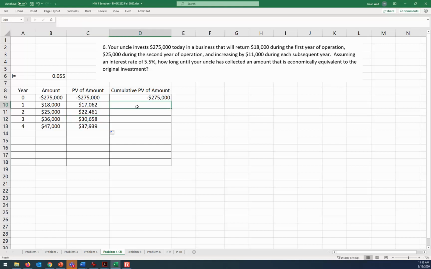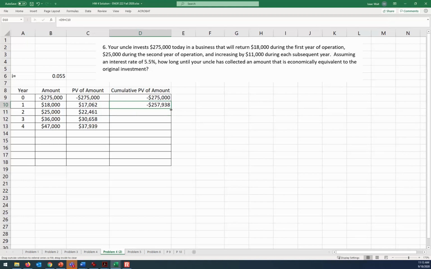So here's the magic. This is the main thing that you need to see. So cumulative present value of the amount is the last year's amount plus how much came in from this year, taken to the present. So it's going to become less and less negative, and we're saying how long until your uncle has collected an amount that is economically equivalent.